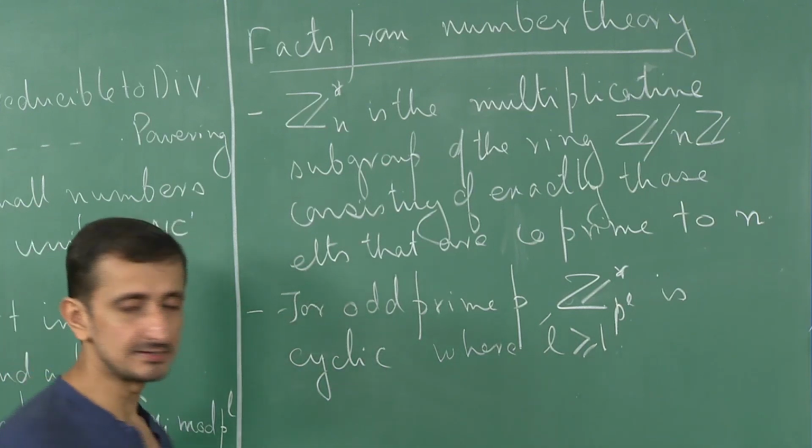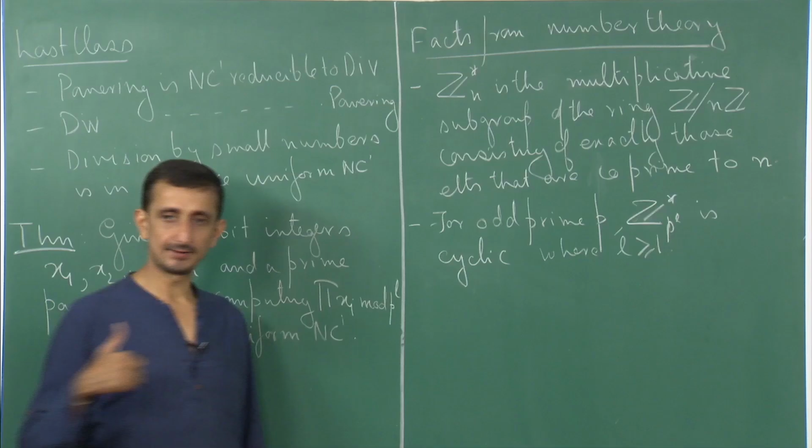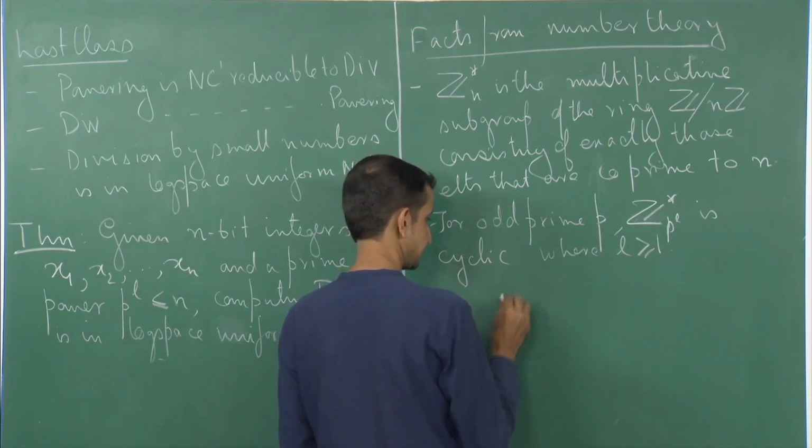Okay, what does it mean? It means that it is not just a group, but it's a cyclic group. That is, it has a single generator. It can be generated by a single element, and we can also have the size of this.